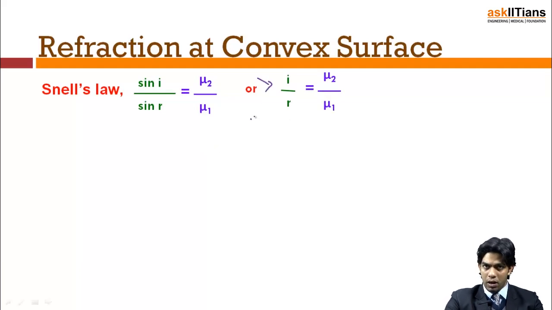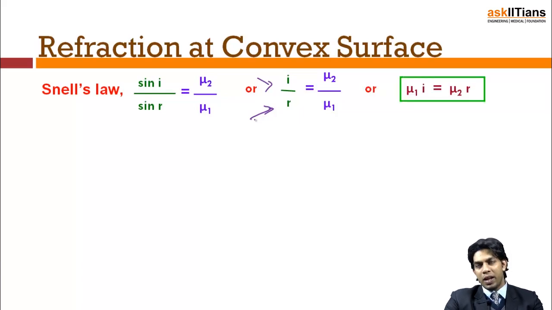Remember, the small angle approximation is still in play, so that's why we are continuously converting sine and tan directly to their respective angles. Or mu 1 i is equal to mu 2 r. Again, we will be using this relation. Now I have a relation which relates the angle of incidence and the angle of refraction.